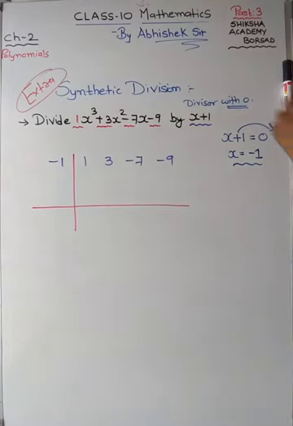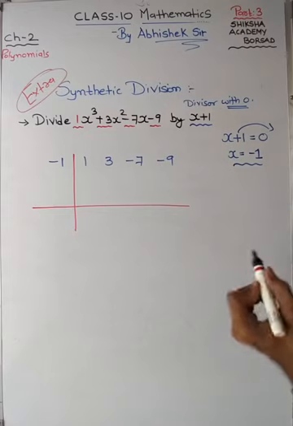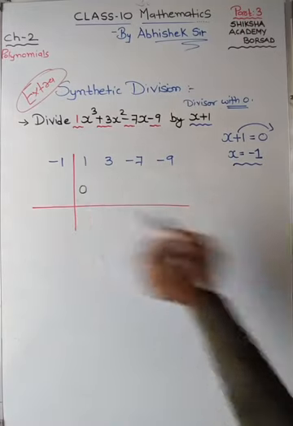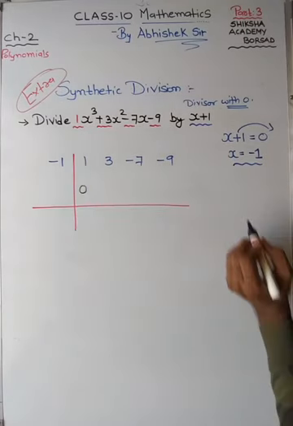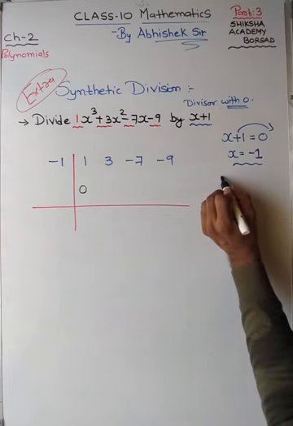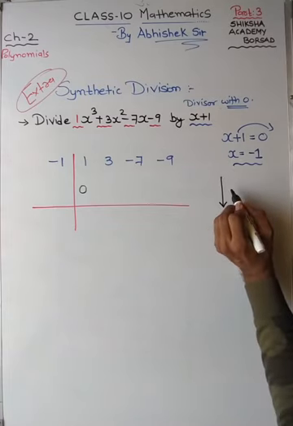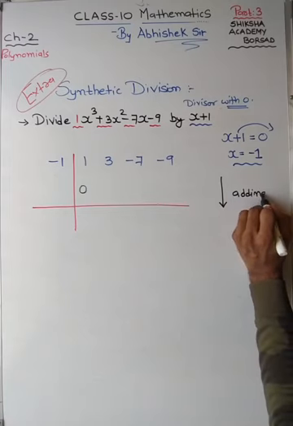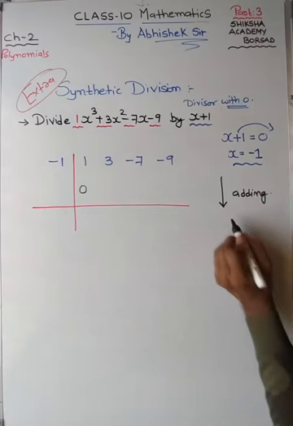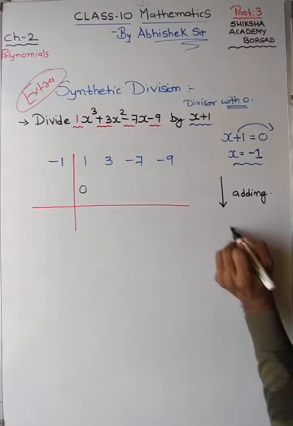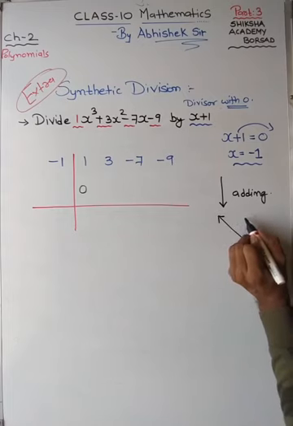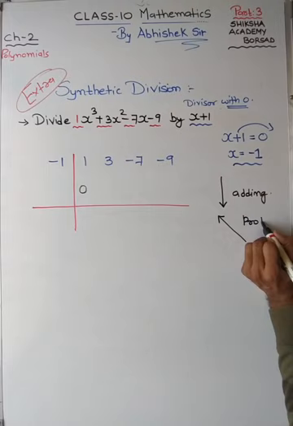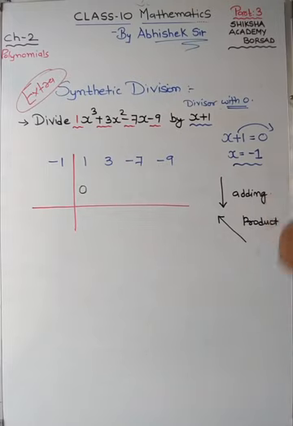Okay, now let us start. Starting will be done by putting a 0 over here. Now one thing you have to remember, when you go from top to bottom, you will be adding or subtracting the numbers. And when you go cross, you will be doing the product. Now let us see how it happens.